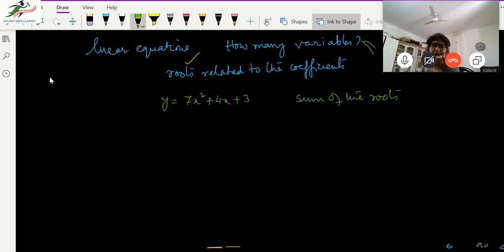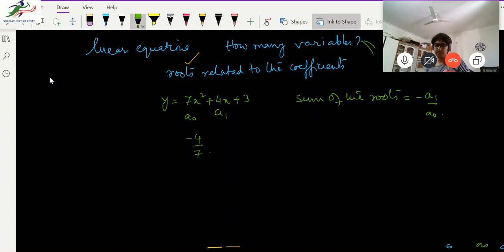We just saw that the sum of the roots is equal to minus a1 by a0, where a1 is this, a0 is this. So the sum of the roots here would be minus 4 by 7, right?